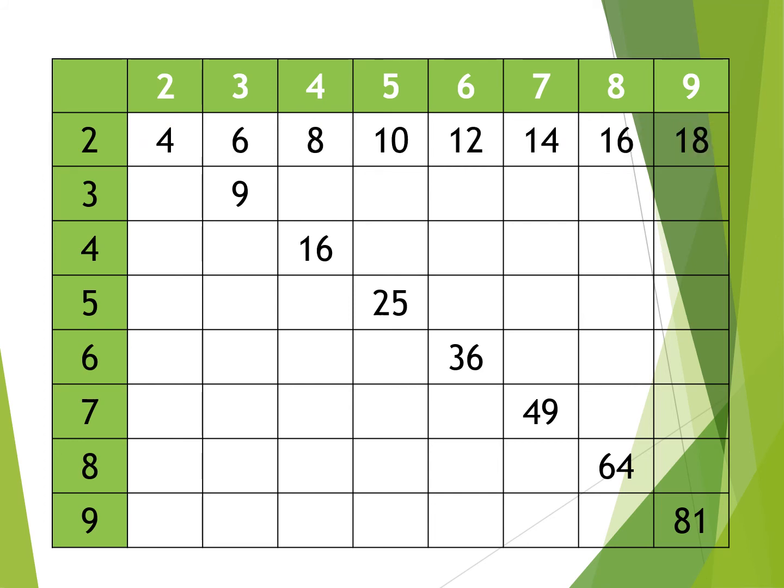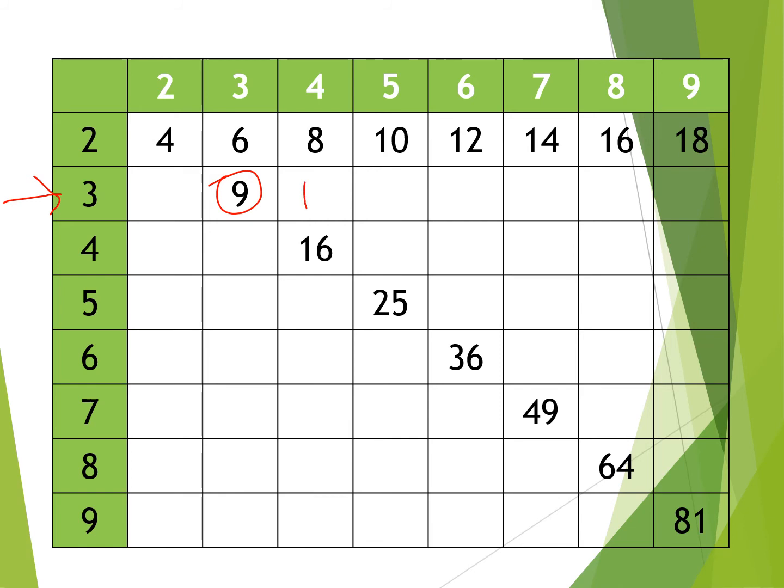So now let's try to go with 3. For that, we need to go to 3 right here. Okay, and then we add 3 to the number 9. So what's the addition of 9 plus 3?